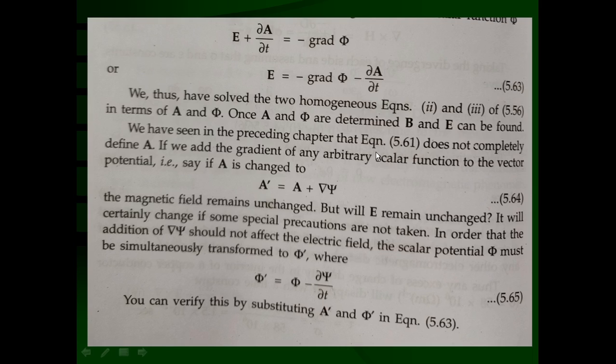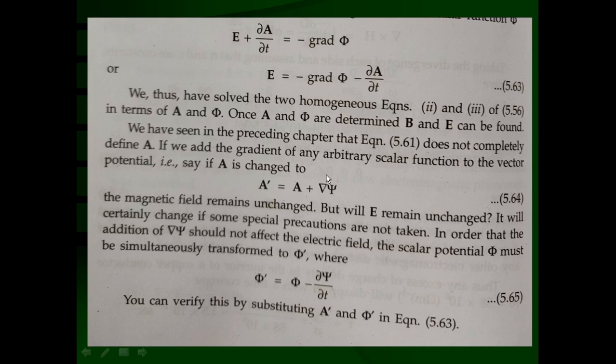For magnetostatic conditions, B is equal to curl of A was okay. But if we want to find the electric field, which is a time varying electric field, then A cannot be completely defined. It has to be transformed to some new value. So something has to be added to the original vector potential.